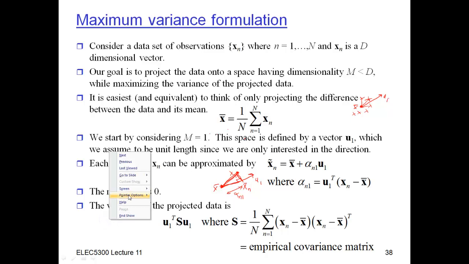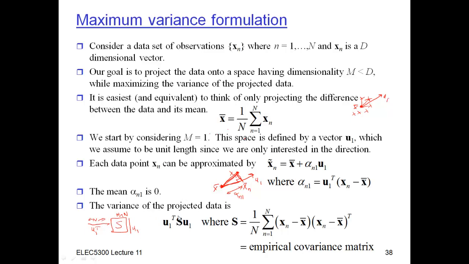And if I draw this graphically, S is this thing here. It's d by d. And then u1 transpose is this, it's d-dimensional. And then I multiply by u1 over here. And when I do that, I'm just going to get a scalar, which is the variance.